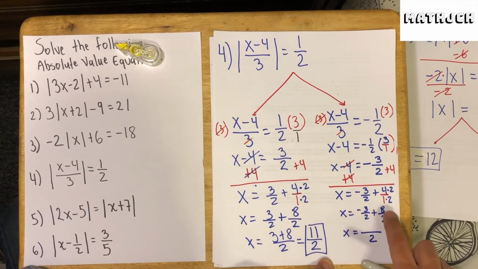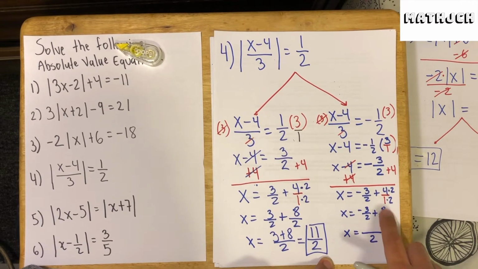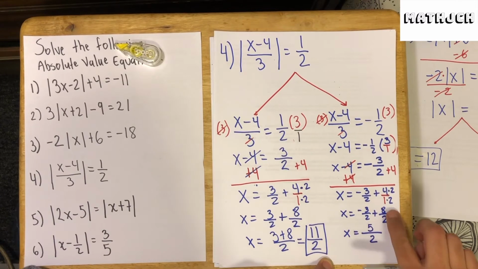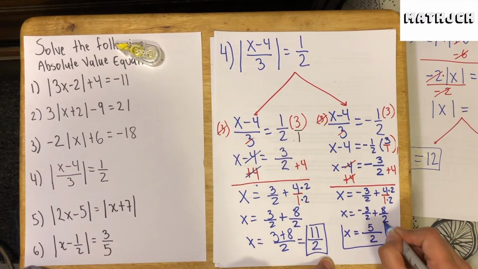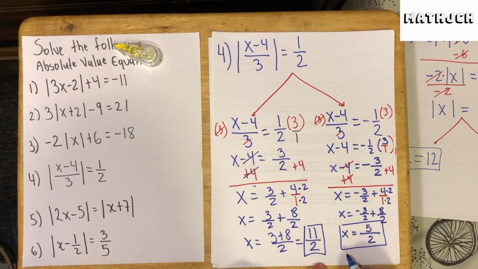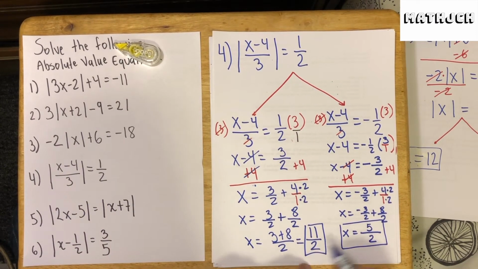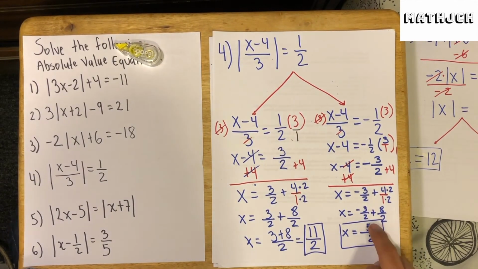This is negative, this is positive, meaning we subtract and keep the sign of the bigger number. So 8 minus 3 will give me 5. And since 8 is bigger and is positive, my answer will stay positive. So my two solutions are going to be 11/2 and 5/2.